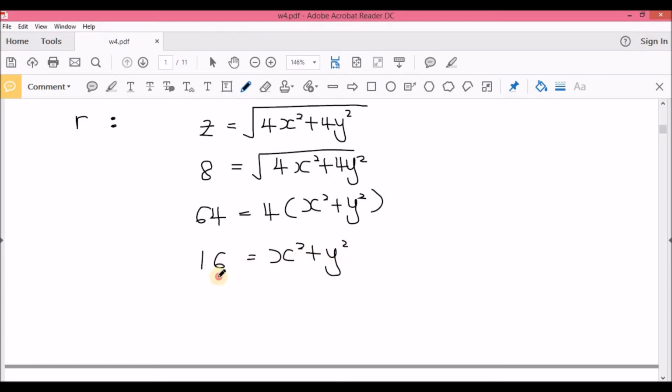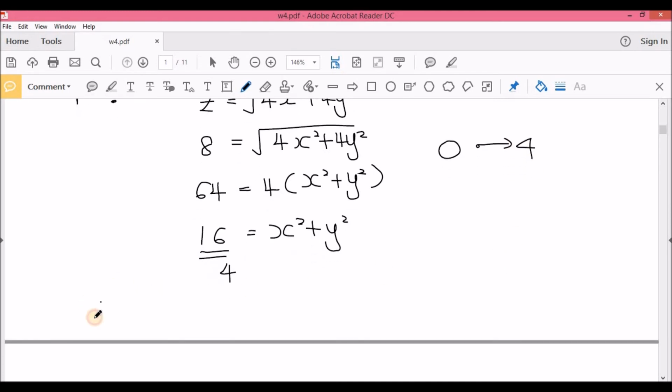So your circle has a radius of 4, and r ranges from 0 to 4. As for theta, it is a complete circle, so theta ranges from 0 to 2 pi.